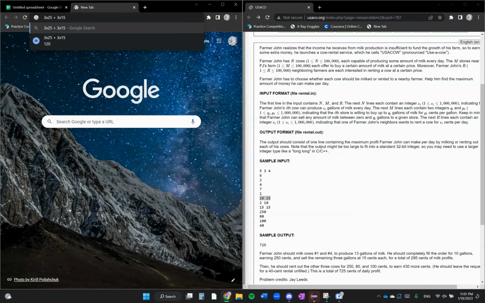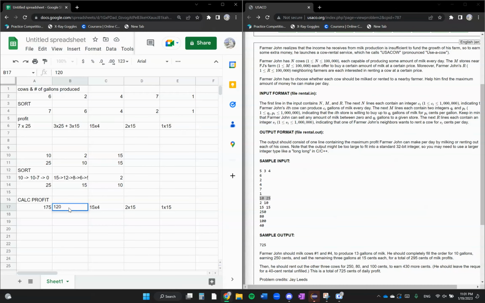I don't trust my math. 120, okay. 15 times 4 is 60, and 2 times 15 is 30, 1 times 15 is 15. And this is by only selling milk. And if this is true, Farmer John can currently make 175 plus 120 plus 60 plus 30 plus 15 cents.